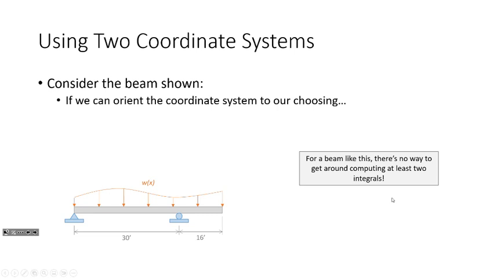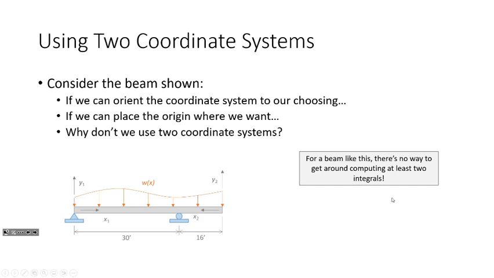Now let's start combining a lot of what we said. If we can orient the coordinate system to our liking, if we can place the origin wherever we want, why don't we just use 2 coordinate systems? Why don't we place one coordinate system over here and one over here? And you might go, what?